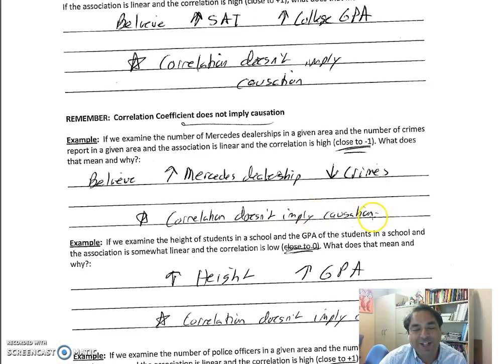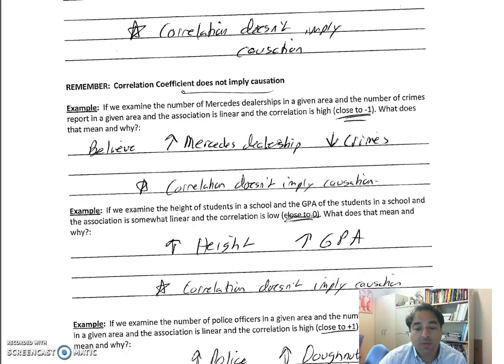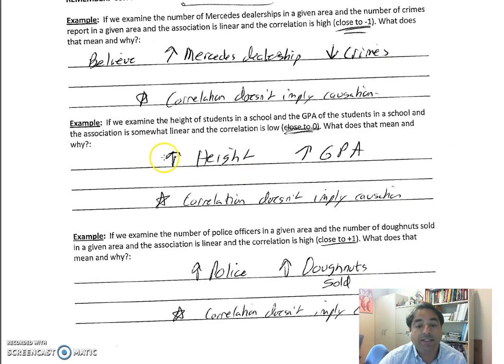Correlation doesn't imply causation. Example would be there's a lurking variable going on. For example, Mercedes dealerships tend to be in wealthy areas. Wealthy areas tend to have less crime. Many reasons there. And then what if I said that it was a low correlation between height and GPA? The taller you are, the smarter you are, and the correlation's low. Again, correlation doesn't imply causation. Okay?